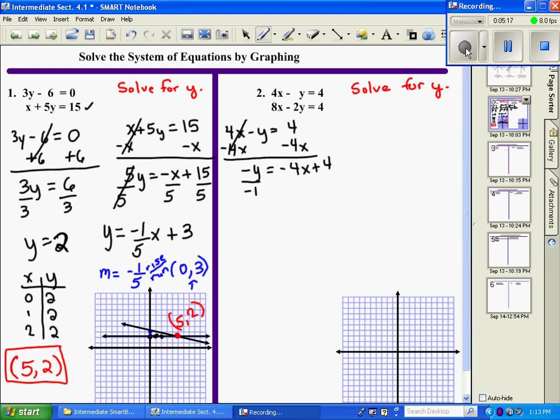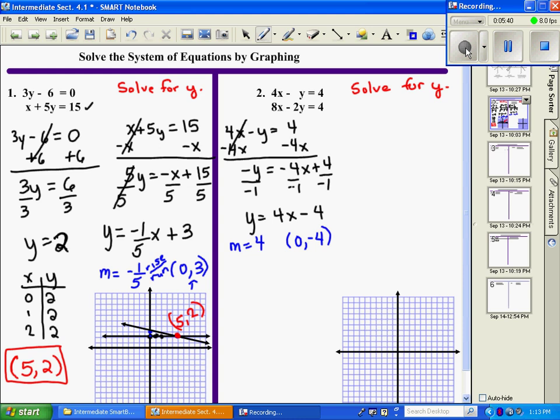Divide everything by -1. And we have y equals 4x minus 4. My slope of this one is going to be 4, and my y-intercept is (0, -4). So I'm going to take a minute and graph it.